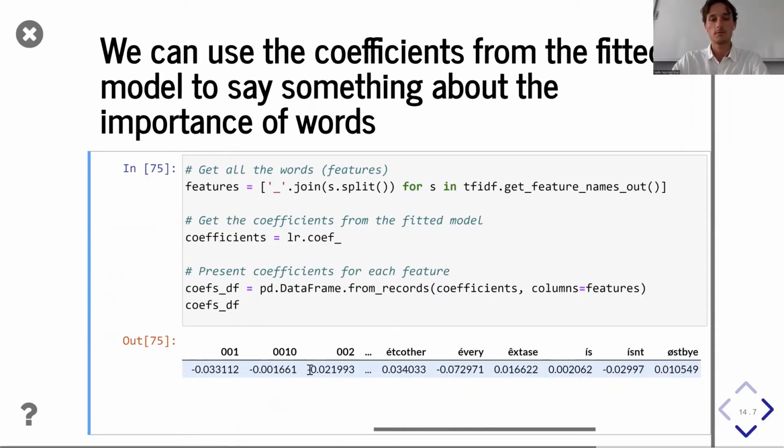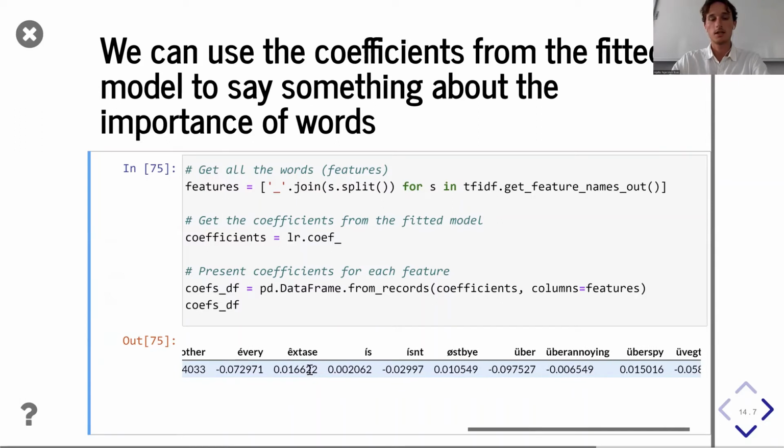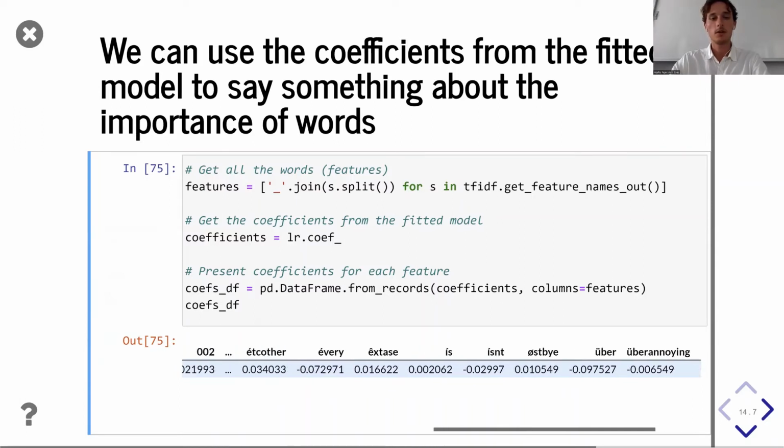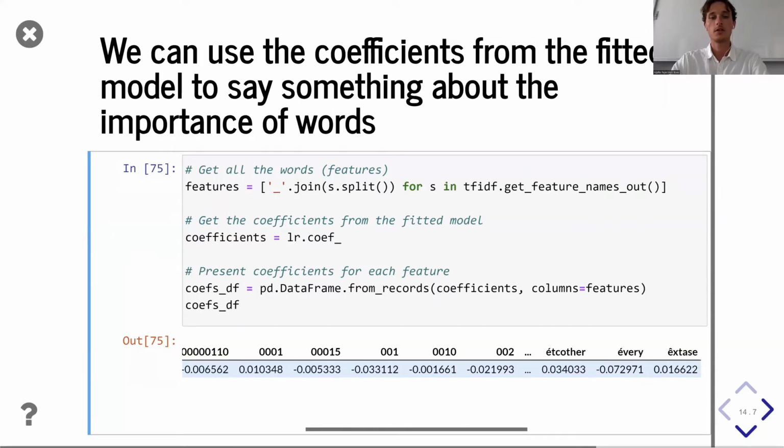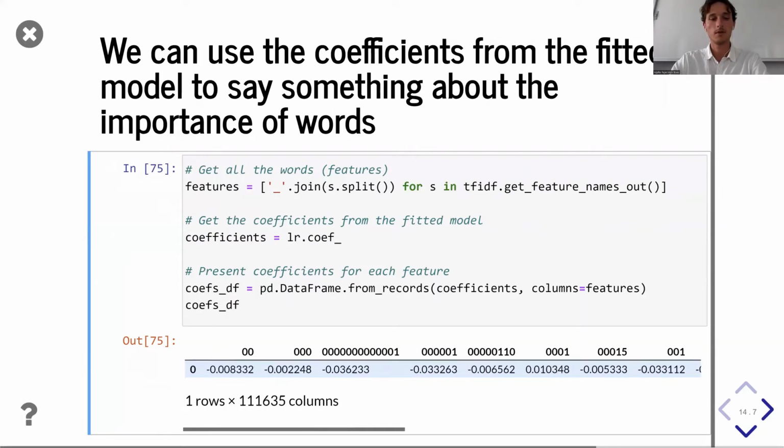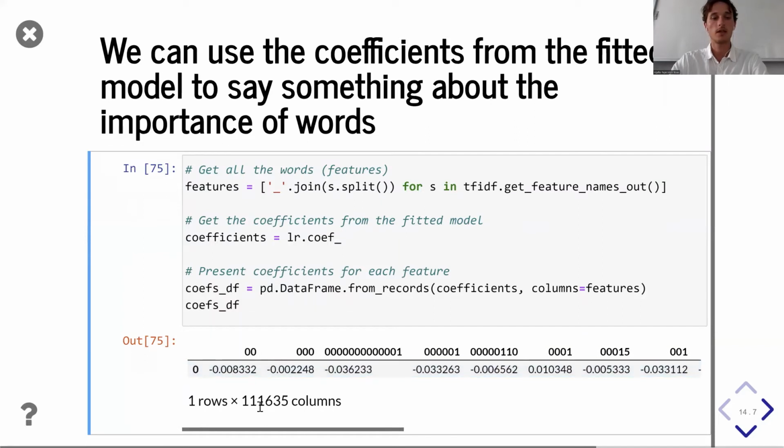So we can see that it stores all the words that we have in our model and the coefficients they have. You can see that we have more than 100,000 different words in our model. So it's a lot of features.